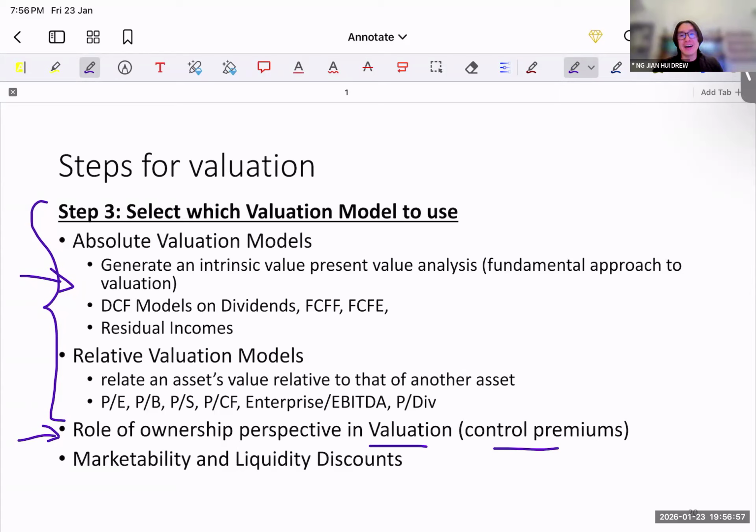But you're right, we can use EV divided by revenue, particularly if we see that the EBITDA is negative. Then EV divided by revenue makes more sense rather than enterprise value divided by EBITDA.